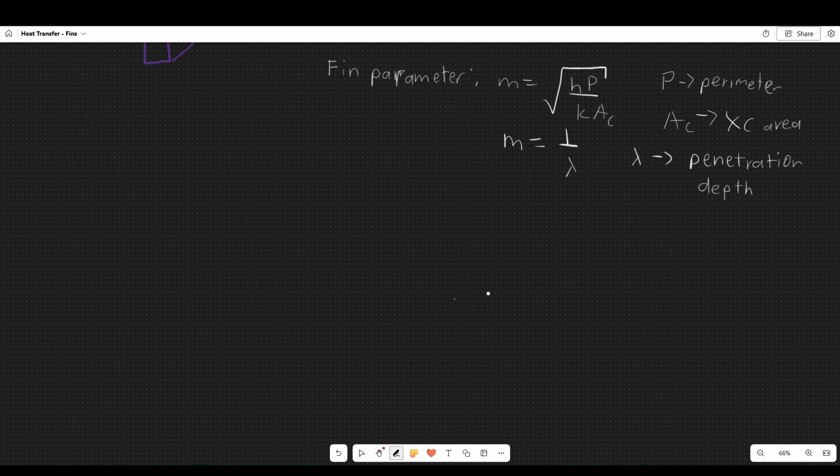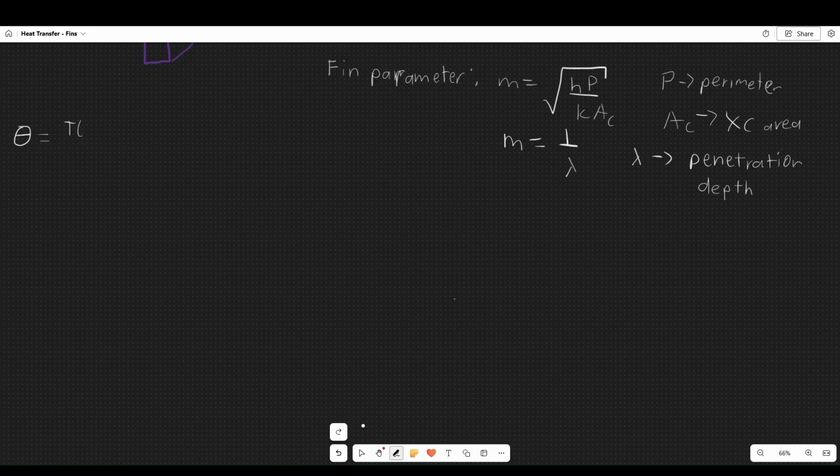So first, we're going to define a new variable called theta, and we're going to set it equal to T of x minus T infinity. Oh, that x was sloppy. I'm going to go back and edit that.